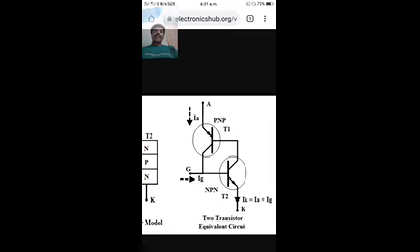So when we apply a gate triggering current at the base of T2, its collector current increases, which is nothing but the base current of T1, and the collector current also increases.